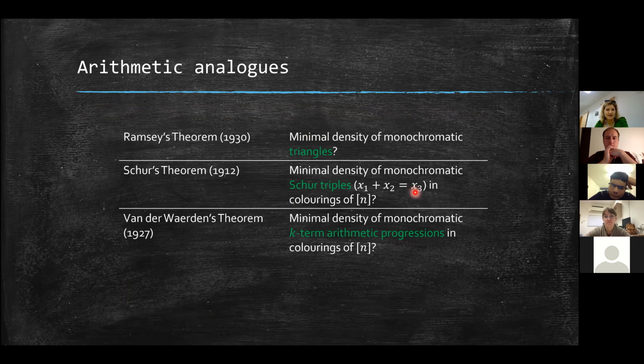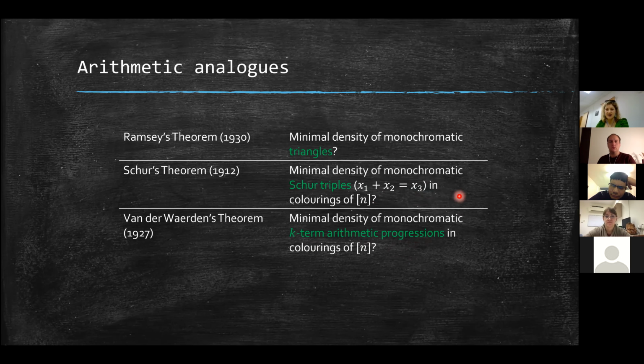And then it's natural to ask, if you let n tend to infinity, what is the minimal density of monochromatic Schur triples? And the same thing for, for instance, k-term arithmetic progressions. So this would extend van der Waerden's theorem, or actually your favorite arithmetic structure.